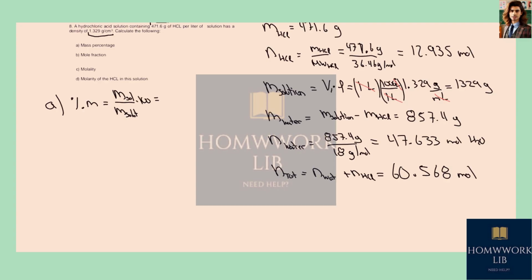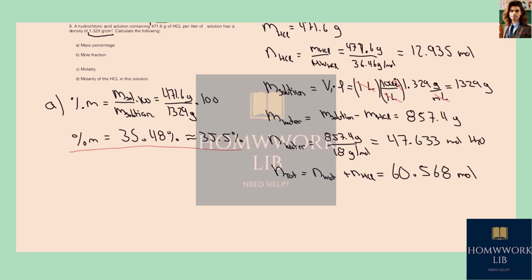In this case, the mass of the solute is going to be 471.6 grams divided by 1,329 grams times 100, which gives us a percent of mass of solution of 35.48%, or up to 3 significant digits, approximately 35.5%. This is going to be the first part.